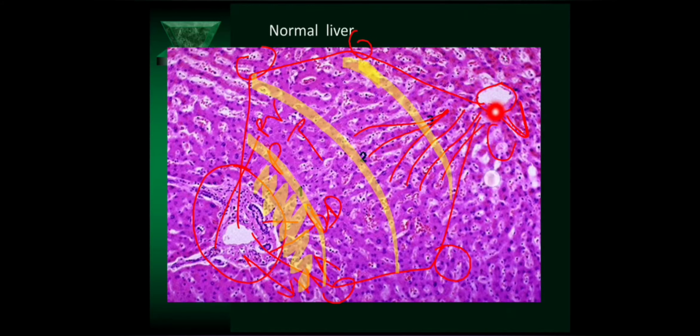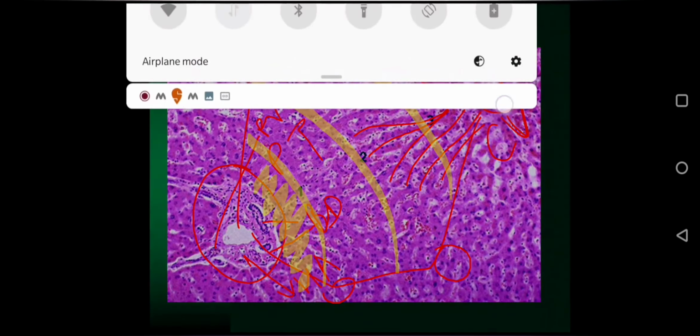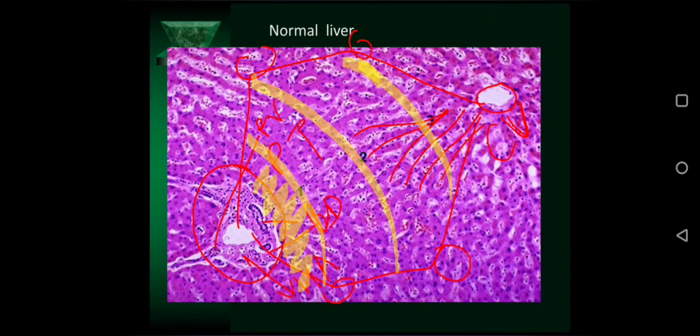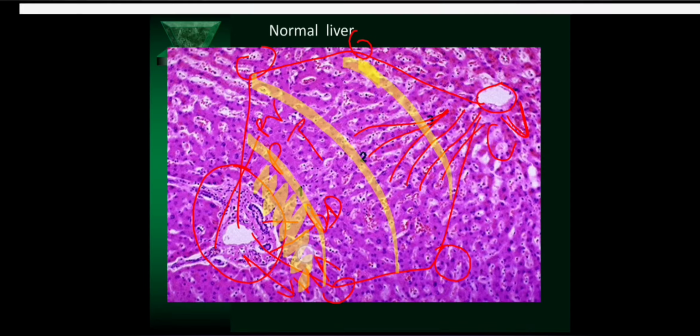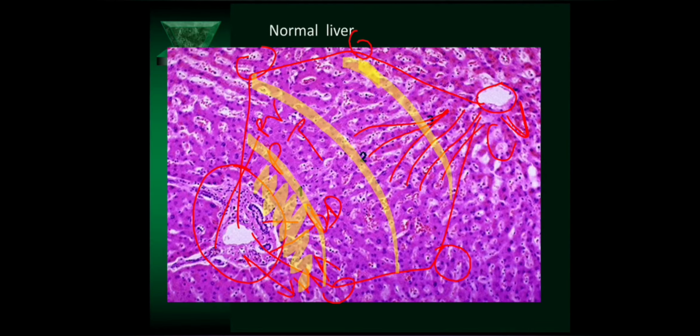If there is any vascular obstruction or stoppage of blood supply, then hypoxic injury initially occurs in zone 3. So this is the most prone area for hypoxic injury. So zone 1 is for toxic injury and zone 3 is for hypoxic injury.